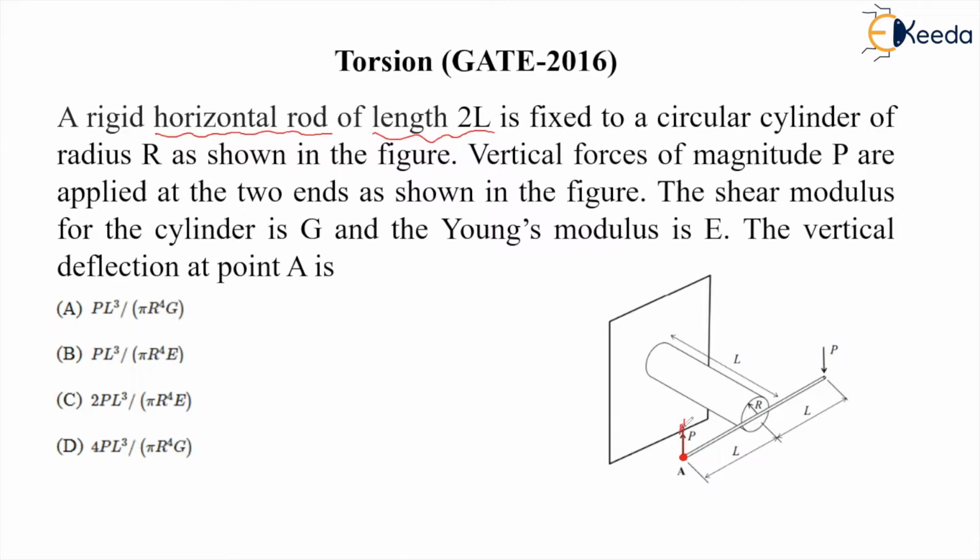This is the vertical deflection of point A, from A to A dash. We have to find this vertical movement of point A in the upward direction. So let us solve this question.